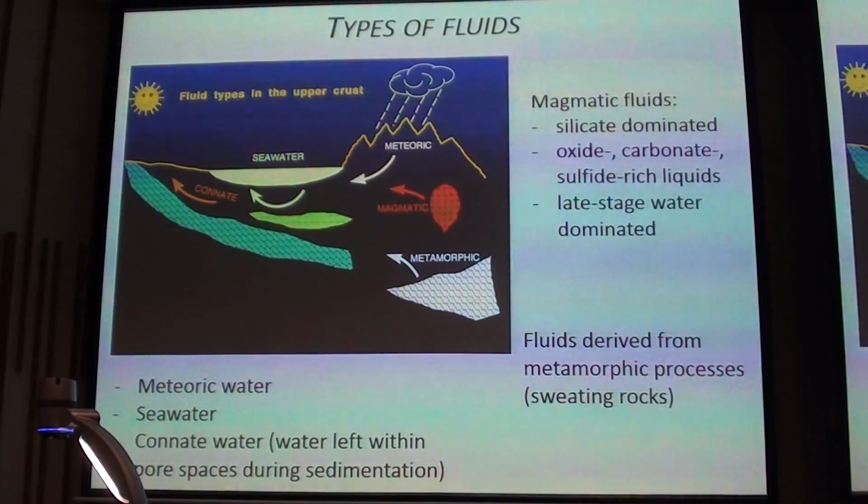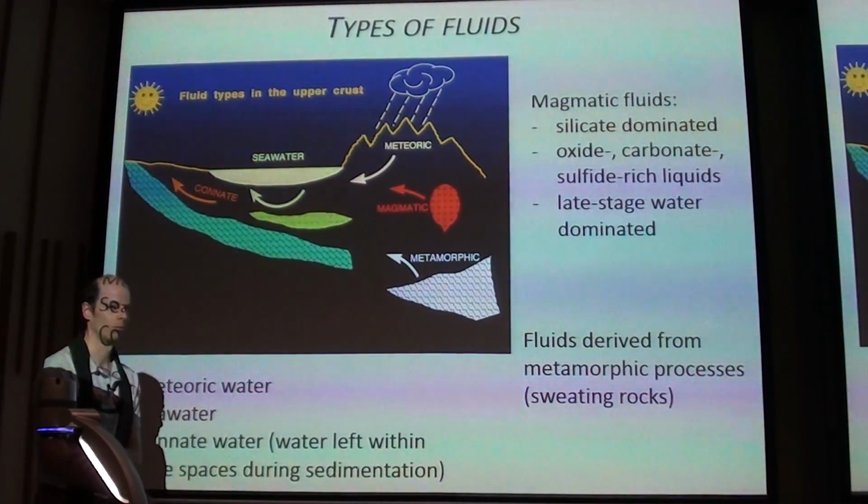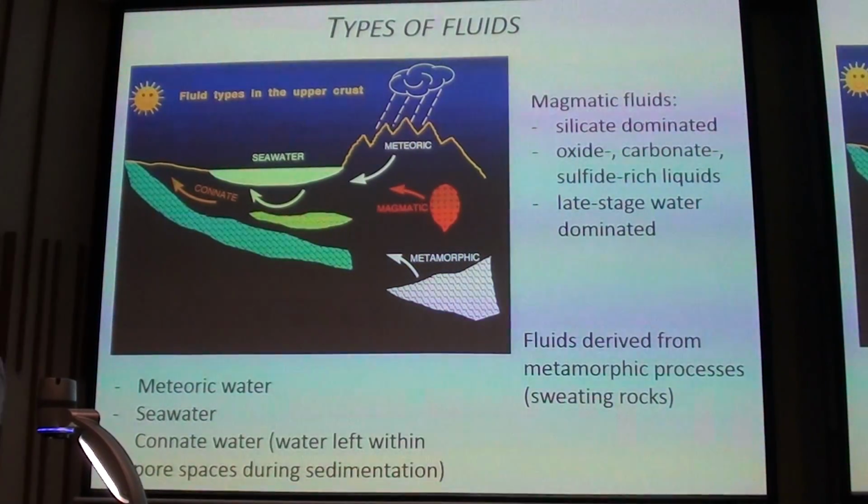And these are the variety of types of fluids that you can find in the earth. There are magmatic fluids, which can be silicate, oxide, carbonate, or sulfide dominated. Towards the end of the crystallization process, we get water-dominated fluid. Then metamorphic fluids, which are derived from high pressure, high temperature modification of rocks.